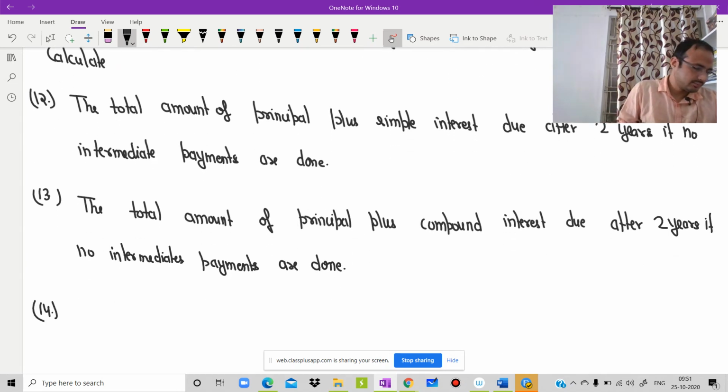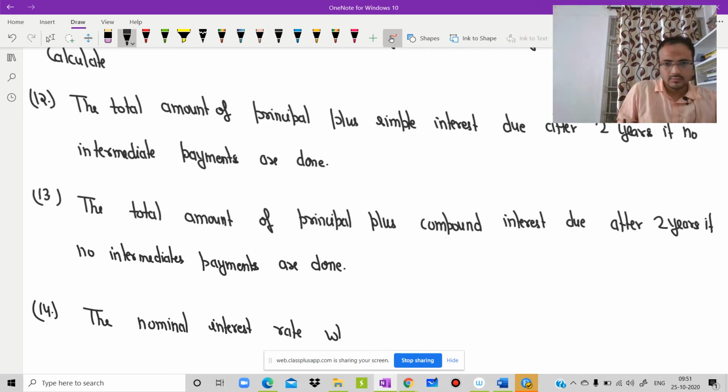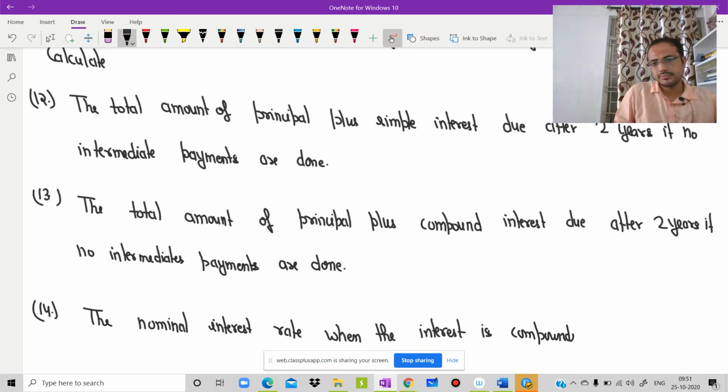that is 14. The nominal interest rate when the interest is compounded monthly.